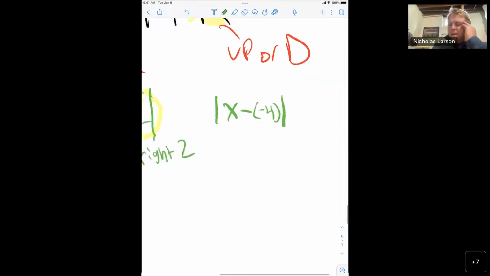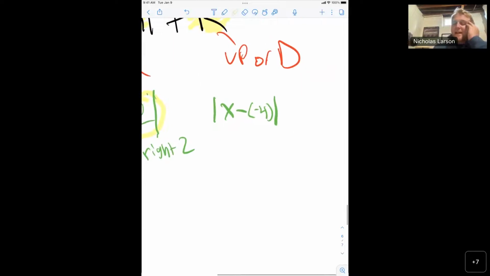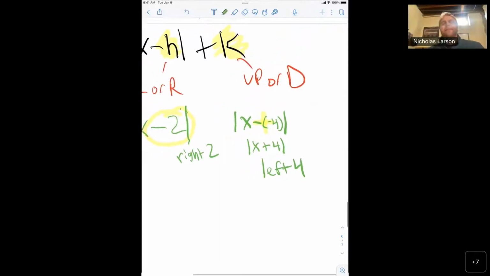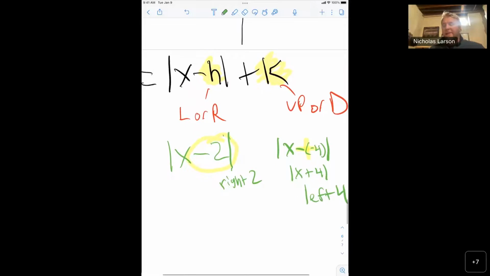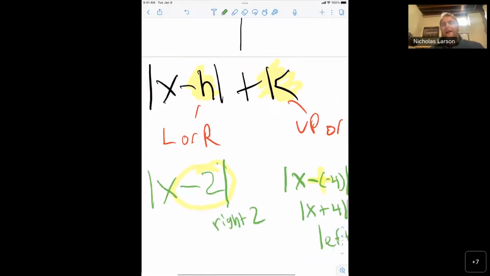Now this again would be subtracting a negative, which is really like adding. So I could rewrite this as x plus 4. But this shows you, hey, this is where that -4 comes in. So I've got to move left 4 units. And then similar right here, adding k.